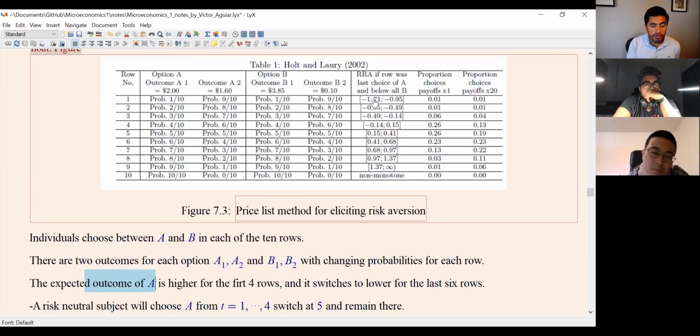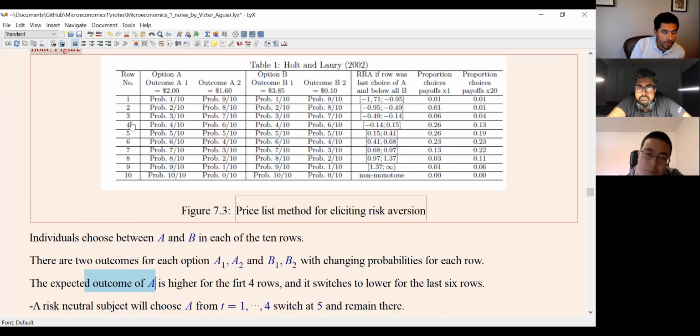For this range of the relative risk aversion parameter, minus 1.71 to 0.95, the last choice is still going to be A, right? And whenever this person flips, we know the parameter is in this bracket.